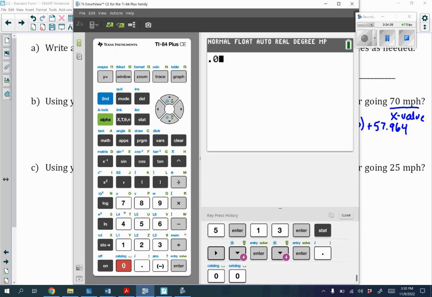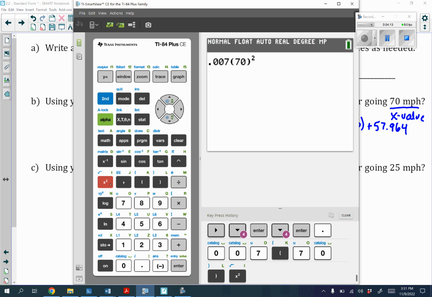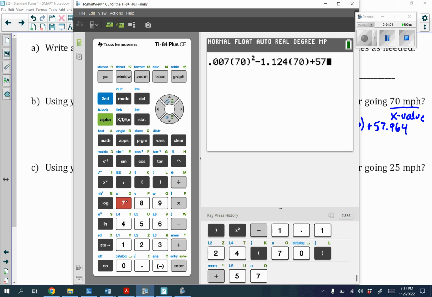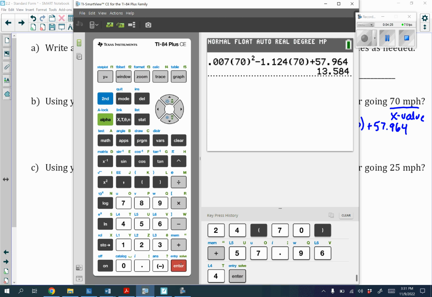So I have 0.007, then 70 squared, minus 1.124 times 70, plus 57.964, and then you press Enter. We get about 13.584. We'll round to the nearest tenth, so it looks like 13.6 seconds.